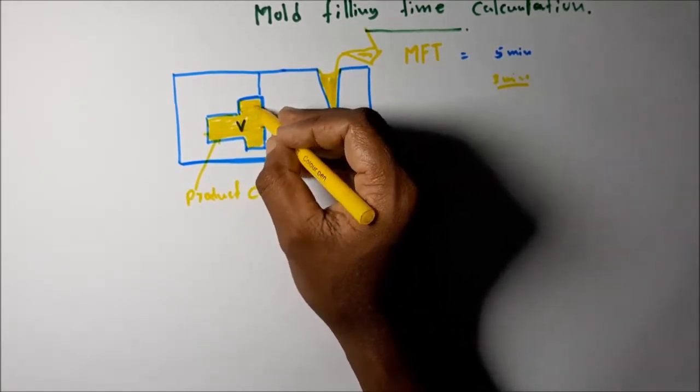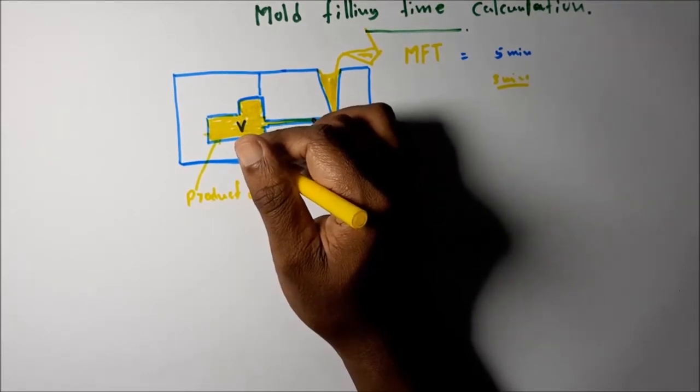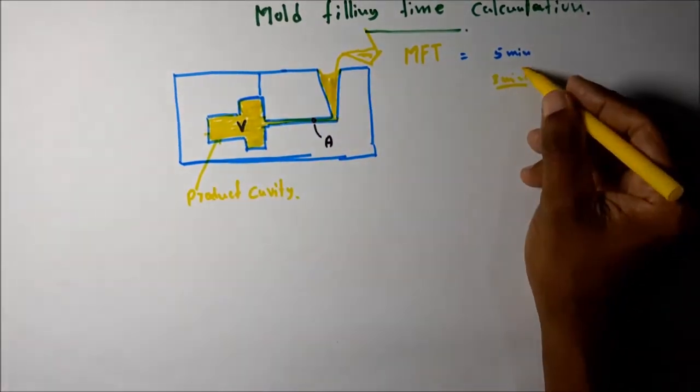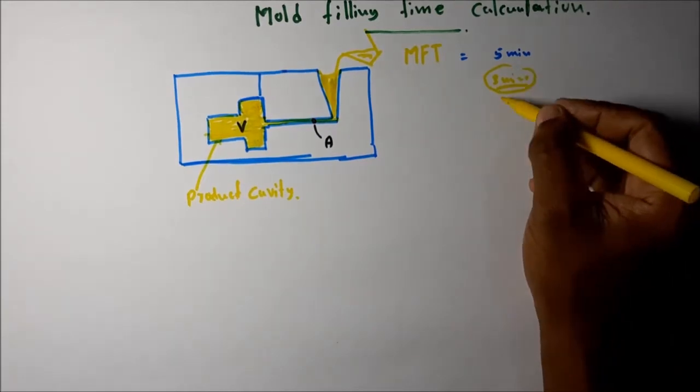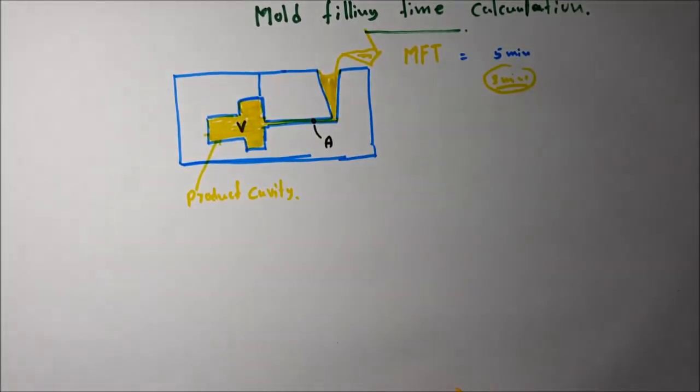That means the mold has not filled; the cavity has not filled completely. Most probably a shorter mold filling time leads to defects, misrun defects.